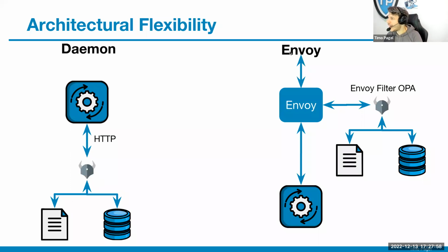In the Envoy example, we have the Envoy, mostly known from Kubernetes, where the Envoy redirects the traffic first to the Envoy filter of OPA, and then OPA performs the decision, and then the Envoy will stop or will let the traffic pass through to the actual service.